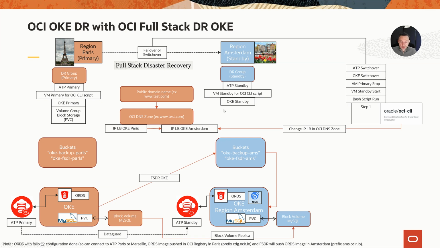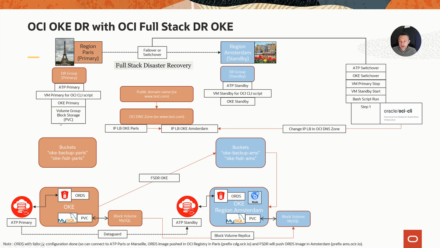It means all the deployments in the primary OKE will be deployed to the OKE in the standby region, Amsterdam. And it is full stack DR that is responsible for that.